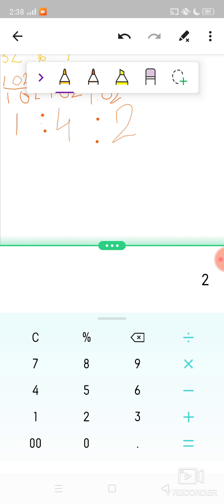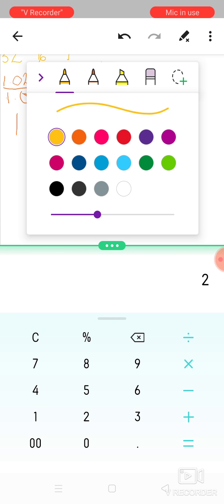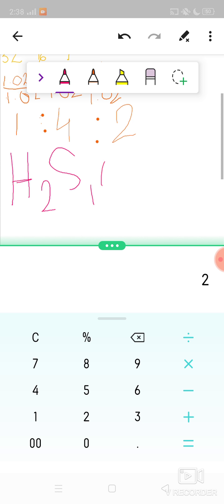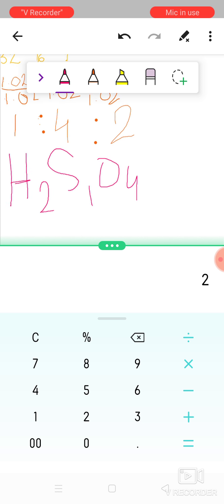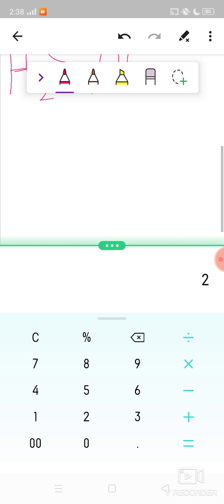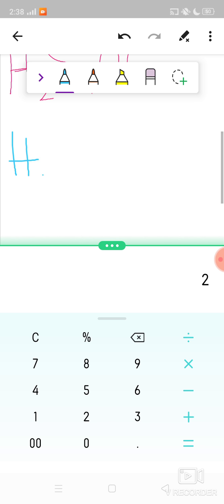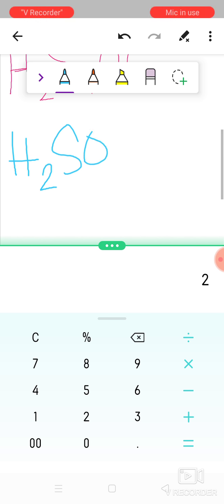For the final formula, we always write H first, it's better. H is 2, S is 1, and O is 4. As we do not usually write 1, the final answer is H2SO4, and that is how we do it. That is our answer.